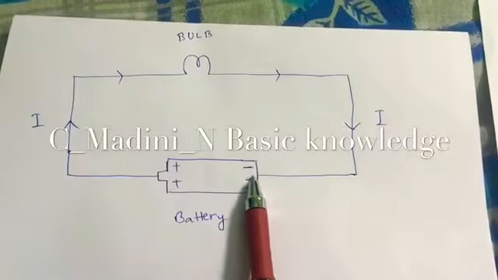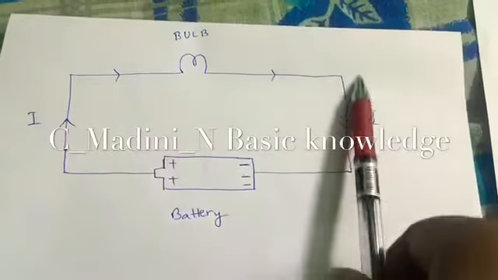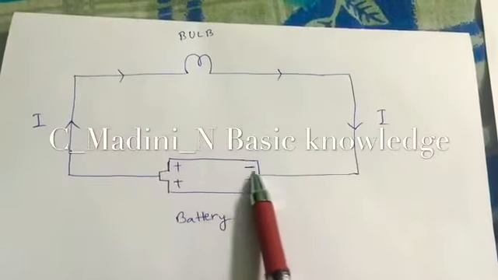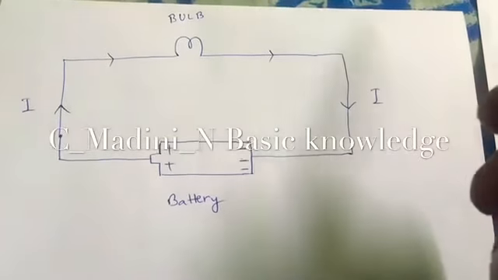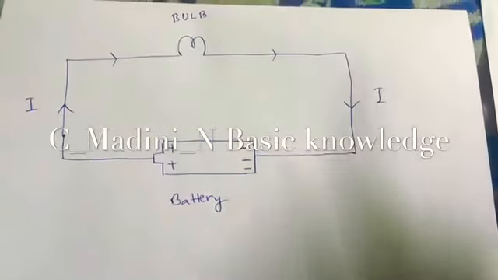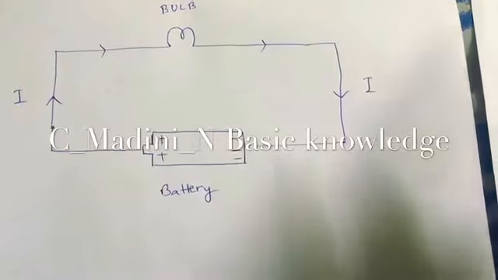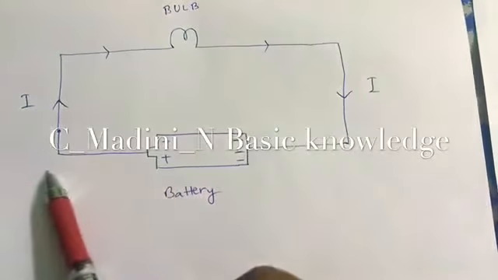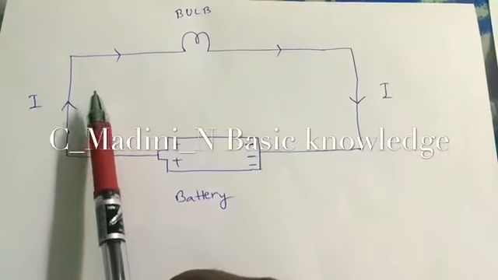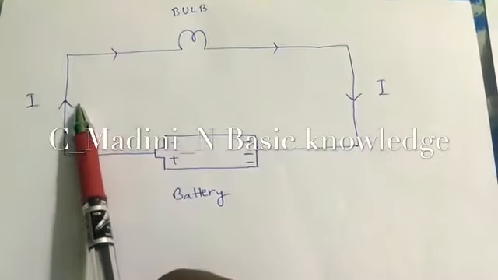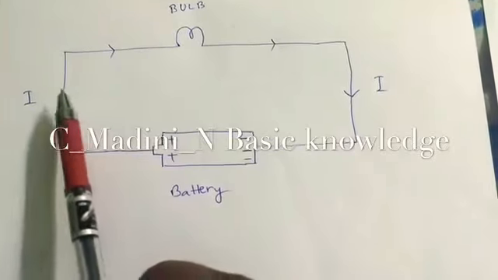So when the electrons are moving from this end to this end, what type of current is it? It is the electronic current, which is the actual electric current, and this one is the conventional current. So we will represent it as the electric current by convention.